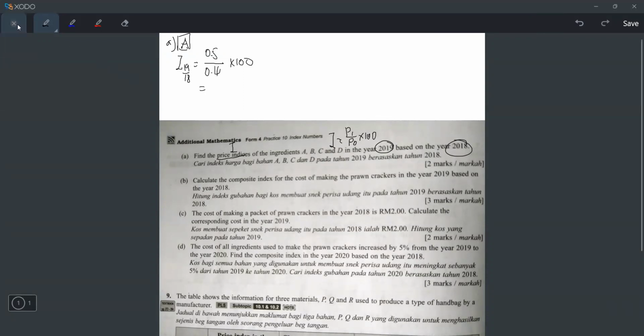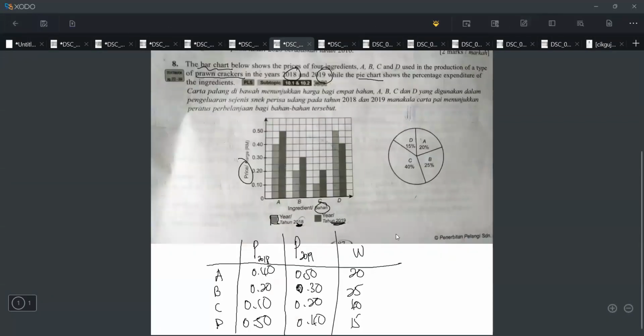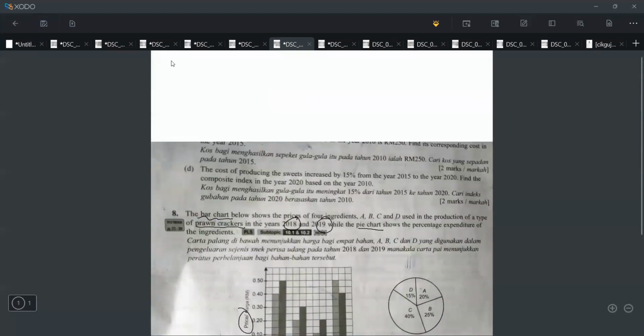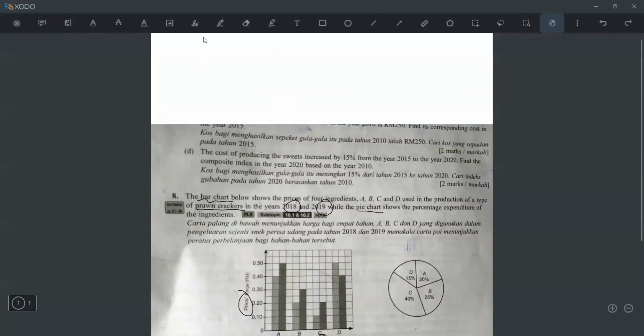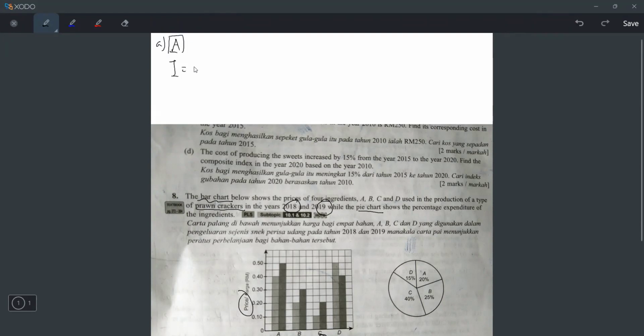Actually, I think I'll just write in the other page because it's easier to refer. So I will just write here for the working. For A, the ingredient A's I, it's 19 over 18, will be 0.5 over 0.4 times 100.